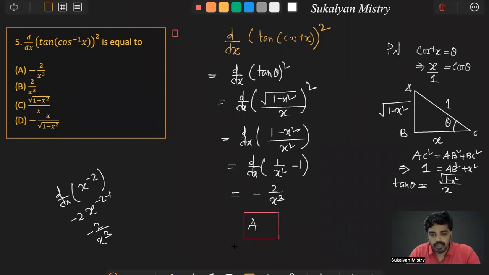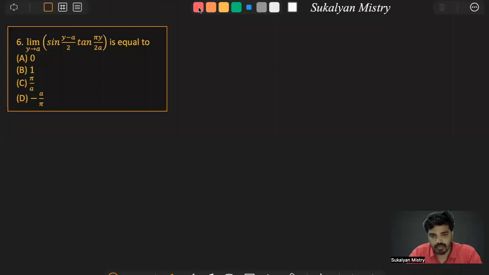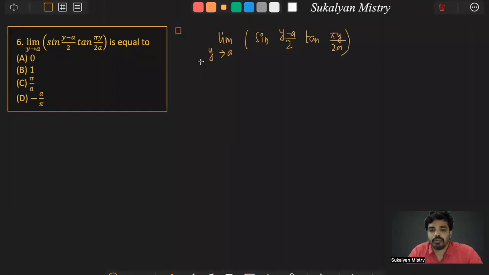Okay, I think that is clear. So next example, we have to evaluate the limit as y tending to a of sin((y minus a) by 2) into tan(pi y by 2a).